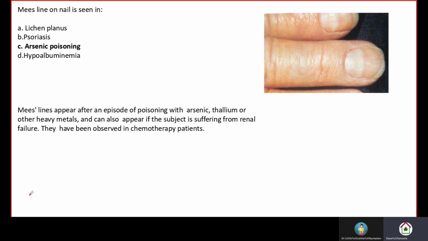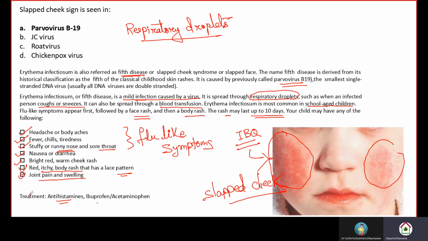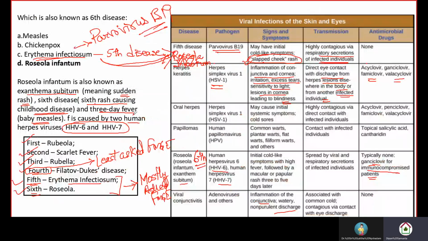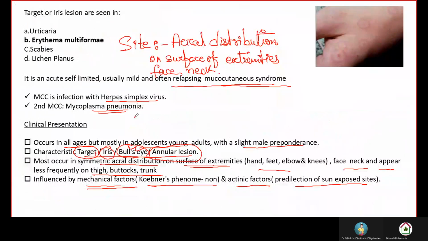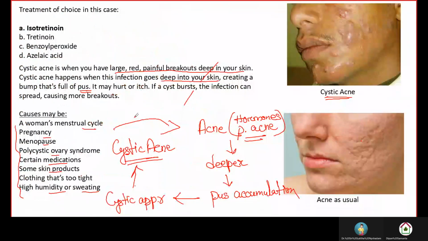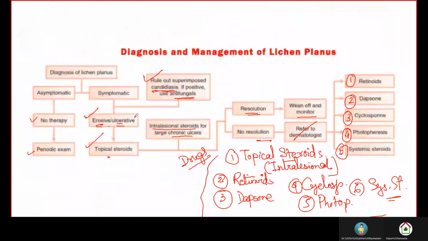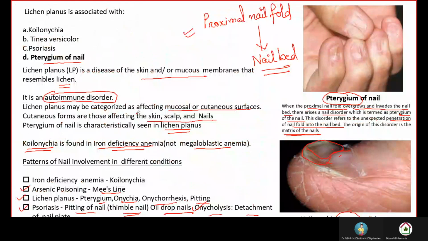So out of these options, the correct answer is arsenic poisoning.